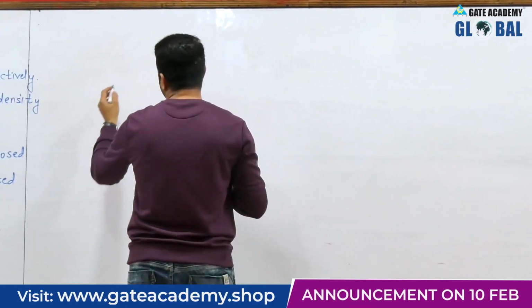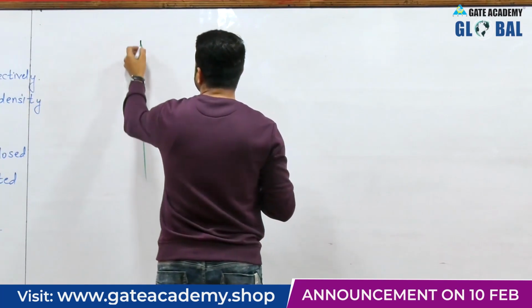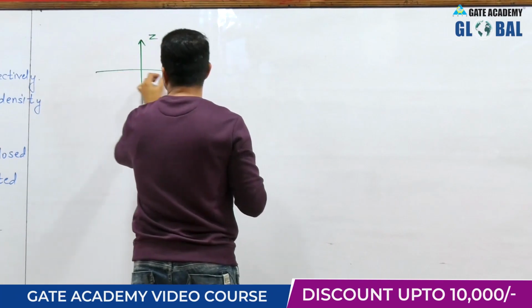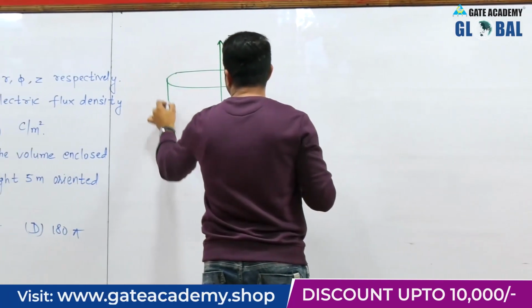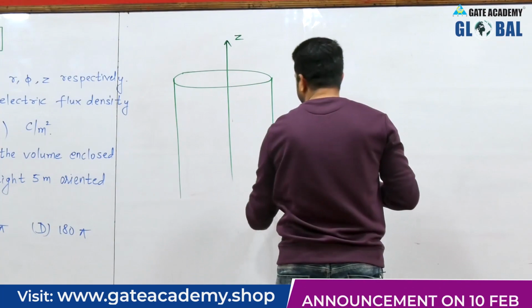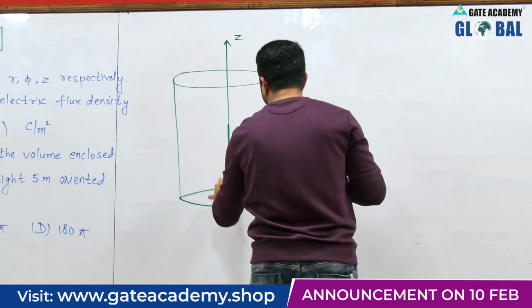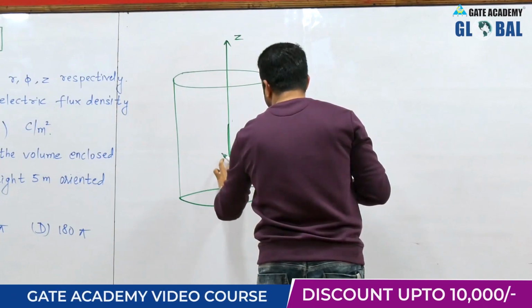So let's draw the diagram for the given question, because it is given that it is placed along the z-axis. This is the cylinder placed along the z-axis with its base at origin.